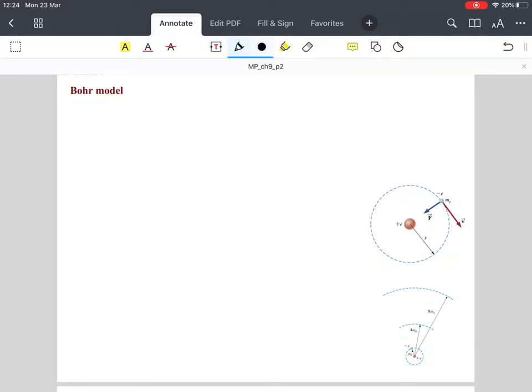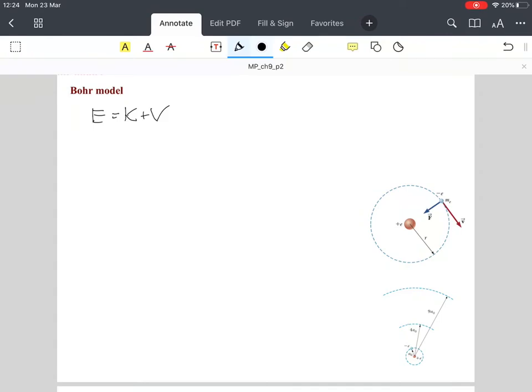Now we're looking at Bohr's third postulate, which is for the energy that you would get for the photon during a transition. We first think about what the total energy of the system is, where we've got this electron orbiting at a certain radius r, and it's got total energy E, which is the kinetic energy of that electron plus the potential energy of the system.